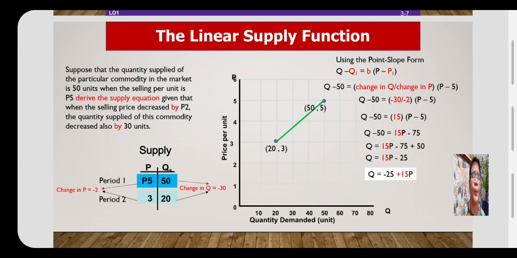Simplifying the equation, we can now derive the arranged value of Q equal to negative 25 plus 15P. So please observe the use of "to" and "by", because "to" and "by" could mean differently.